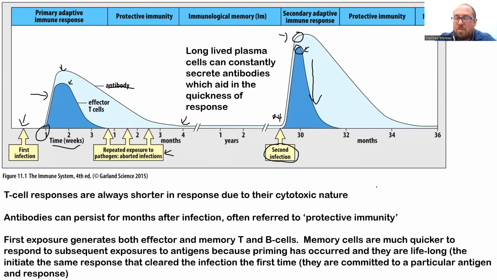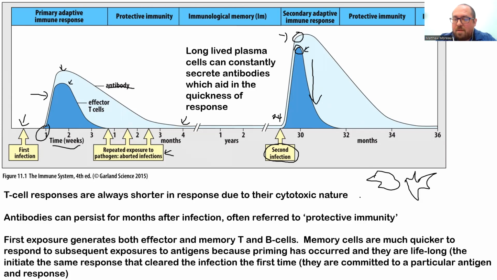And this has a lot to do with not only the selection and function of memory cells in relationship to the potency that they can generate, but also think about it like this. I told you that macrophages and dendritic cells can activate T cells by being professional antigen presenting cells.